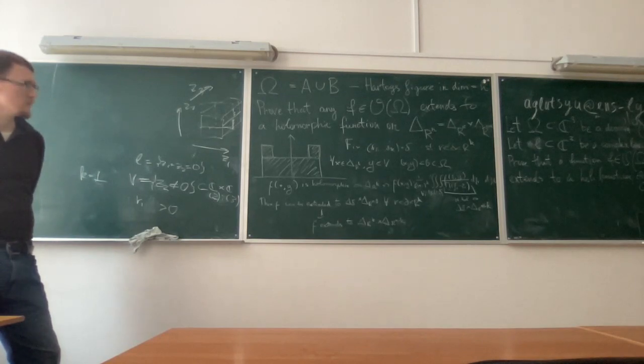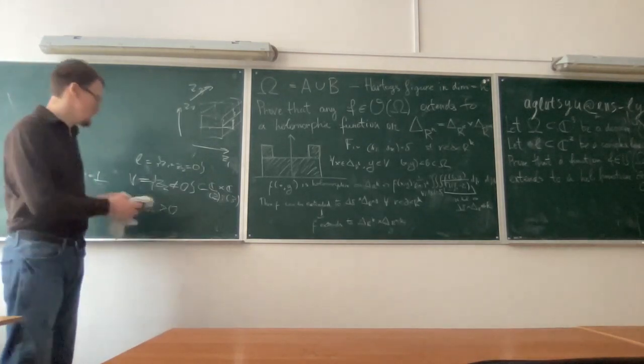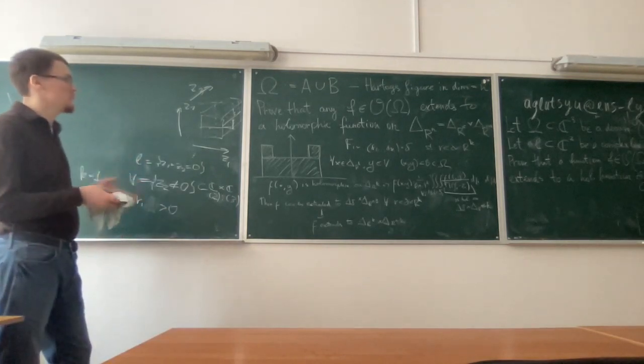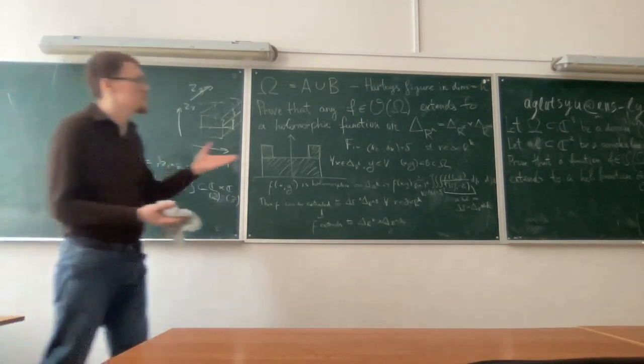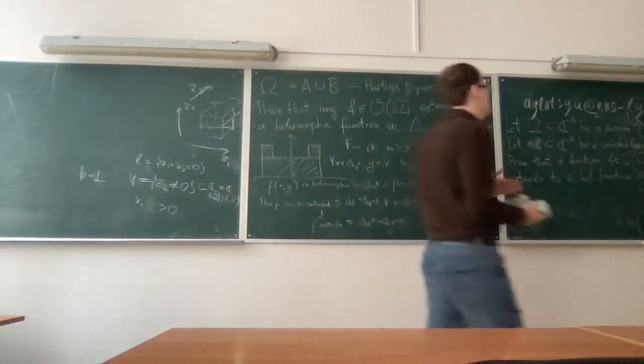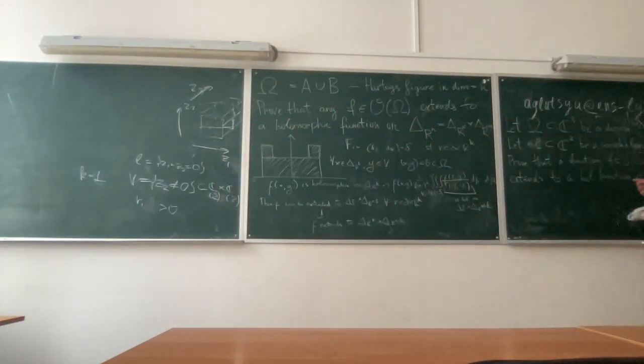And in fact, this line of proof can be generalized. If you have a domain in C to the n, and you take something which is not a complex line, everything is local, so you can take a point.